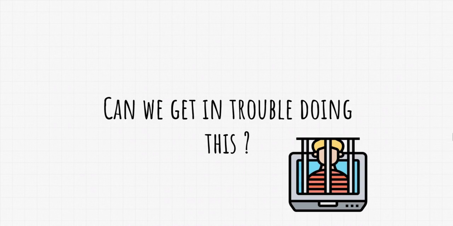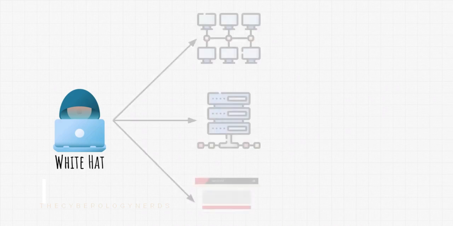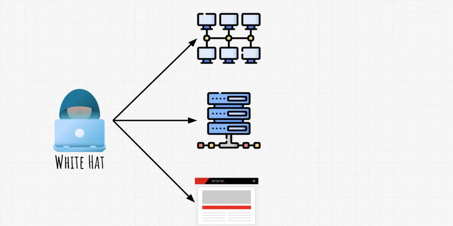An ethical hacker who is hired to find as many vulnerabilities in a certain system is also known as a white hat hacker. Now, I mentioned the word system quite a few times by now. What do I mean by finding vulnerabilities in a system? Well, a system can be anything. It can be a network of multiple computers, or it could be just one single computer.